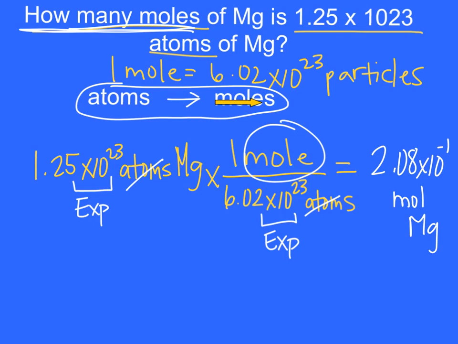Now my answer is just in scientific notation, so don't forget that the -1 here just means to move your decimal one place to the left. So if you put 0.208, that is also correct. And you always need to make sure you go back and look at sig figs. So this number here has 3 sig figs, so you're going to keep 3 sig figs in your answer.